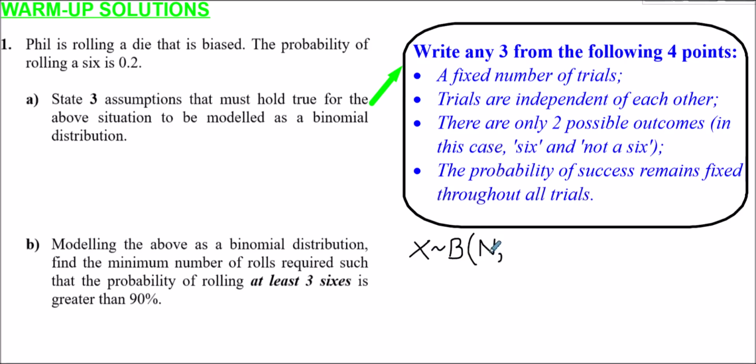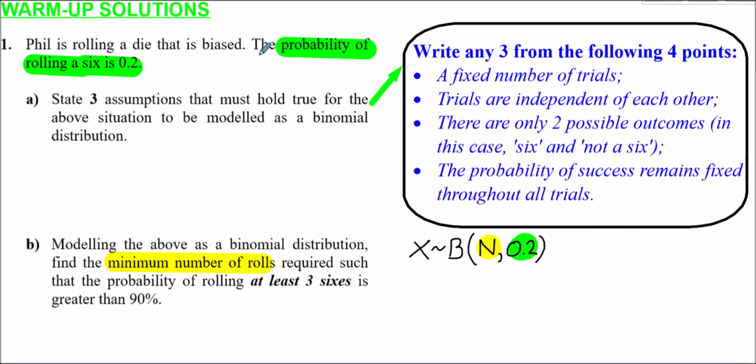Now this is what we need to work out, n. The probability of success is 0.2. So we want to find n, where n is the minimum number of rolls to enable this to be true. Probability of success of rolling a 6 is 0.2, which is where this 0.2 comes from here.